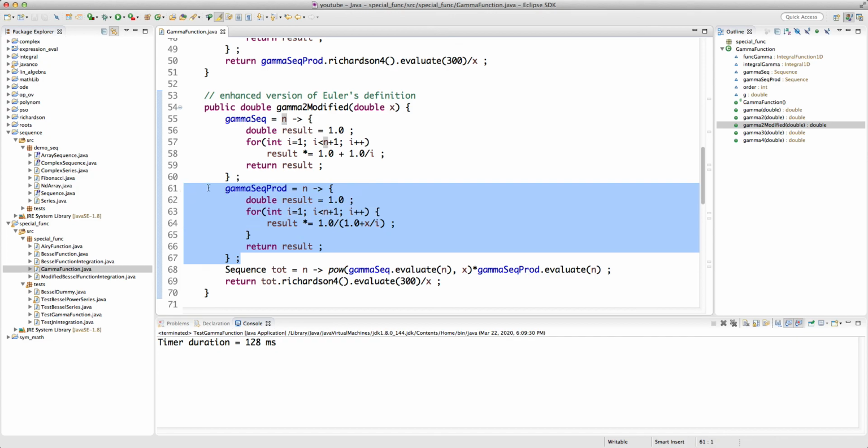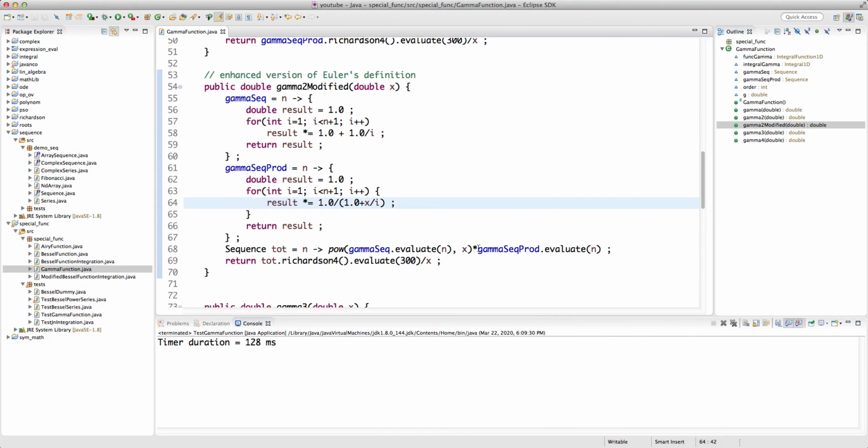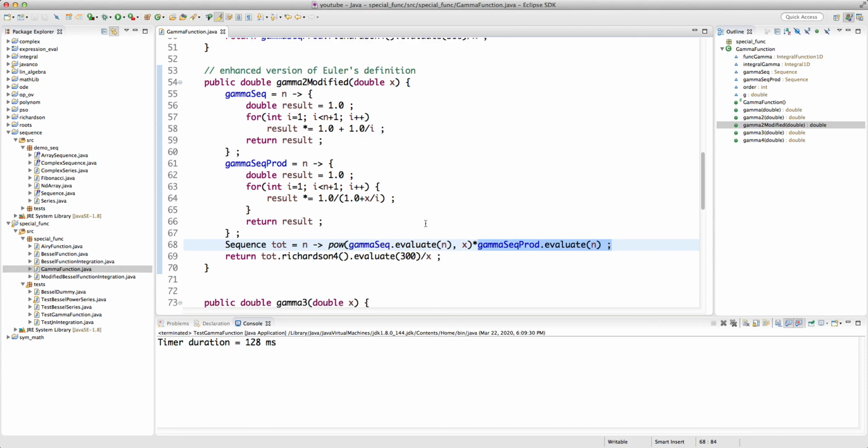And then in the gamma sec product, here we are calculating 1 over 1 plus x over i. So basically here I'm assuming that this becomes this sequence raised to z times 1 over, or basically the product of 1 over 1 plus z over n, right? And then eventually the denominator is multiplied by this power, because this is actually 1 over denominator.